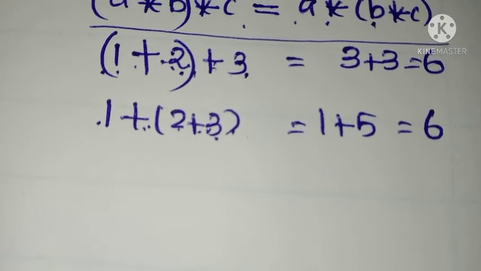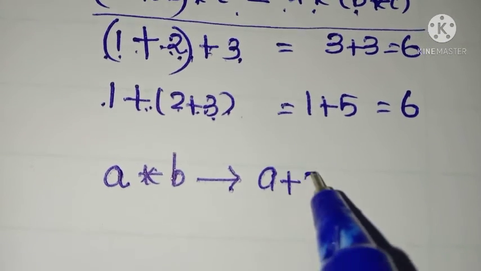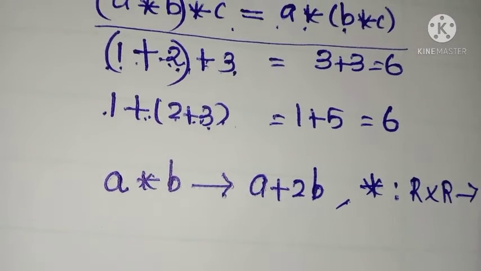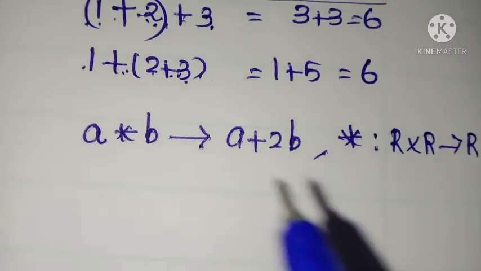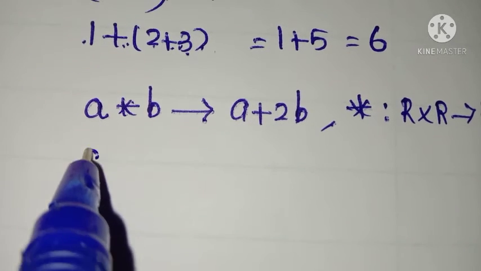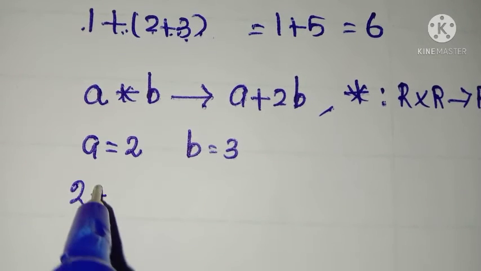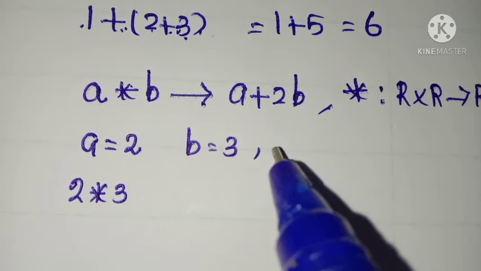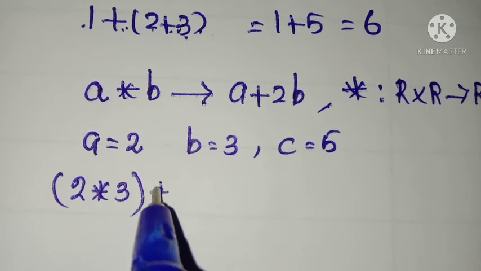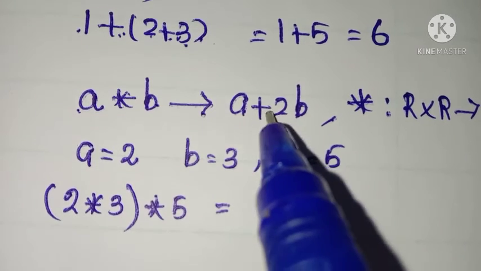For example, let's see an operation: A star B gives A plus 2B, and star is defined on the set R cross R to R. Check whether this operation is associative or not. So let us consider three numbers, A is equal to 2, B is equal to 3, and C is equal to 5. Consider (2 star 3) star 5. By definition, A star B is equal to A plus 2B.